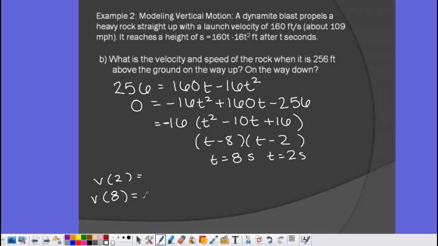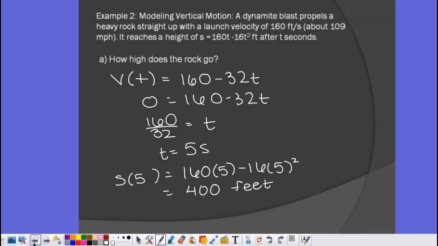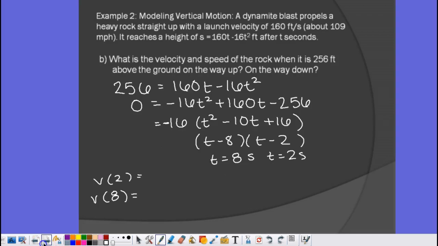So all you have to do is plug in 2. So you have 32 times 2 is 64. 160 minus 64 is 96. So on the way up, velocity would be 96. On the way down, velocity would be negative 96. And the units are feet per second.